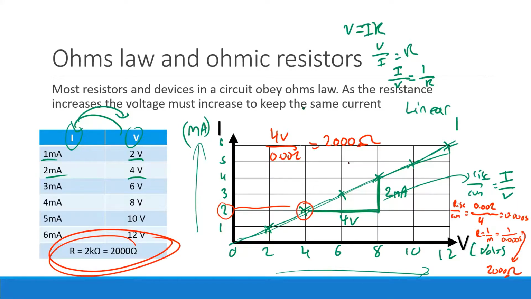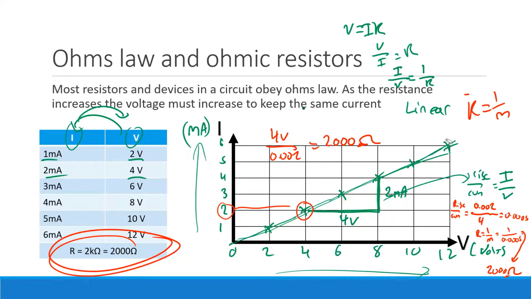I just want you guys to be able to see how this compares to the gradient, and how this can also just be done by reading off values. What's really important with the gradient part here is to remember that R in this circuit equals 1 over the gradient.